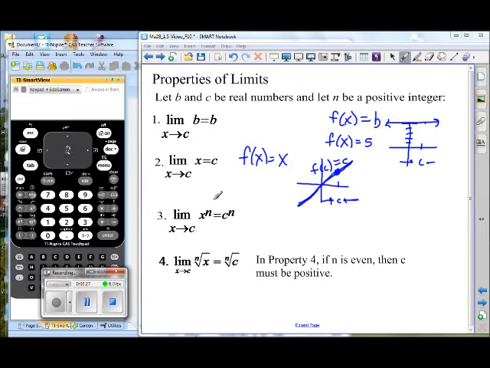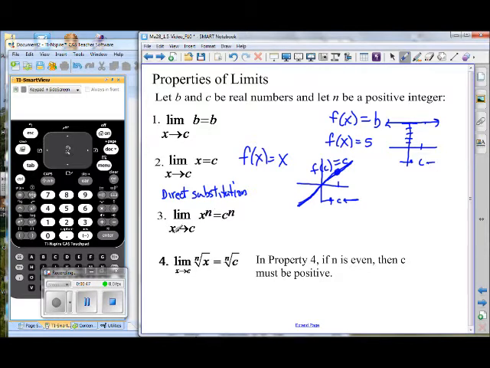One thing that I want you to take note of is, especially on these two, what we're doing is what we call direct substitution. And we're going to try to do everything through direct substitution of the destination, the input value into our function.